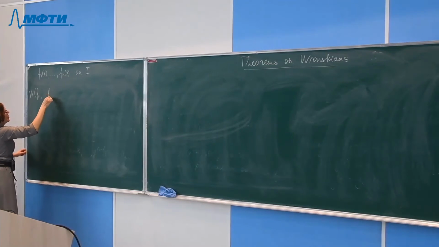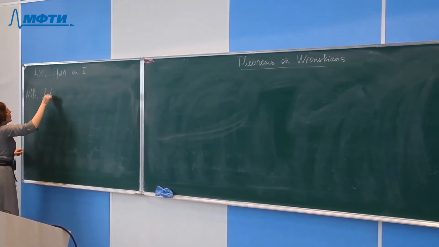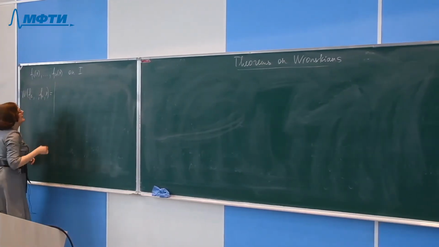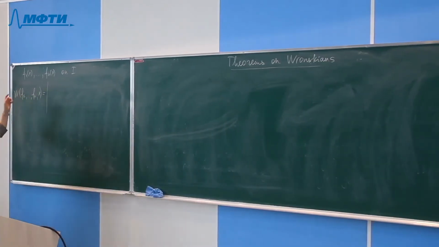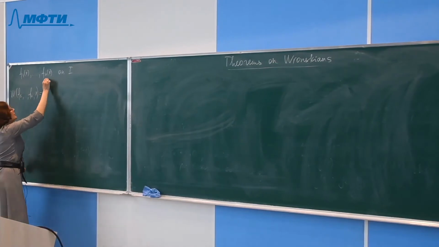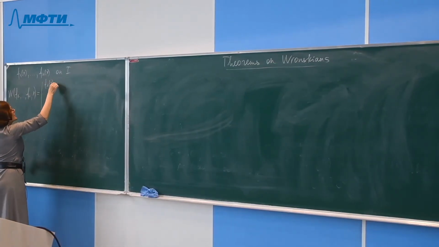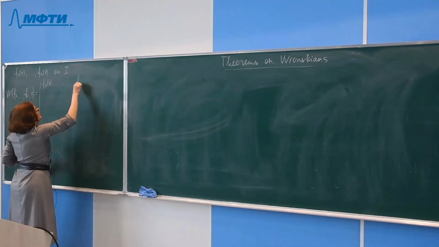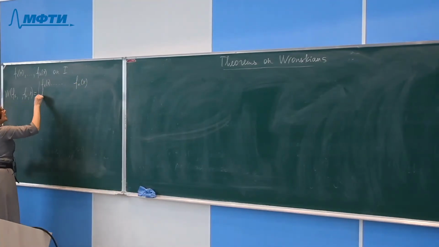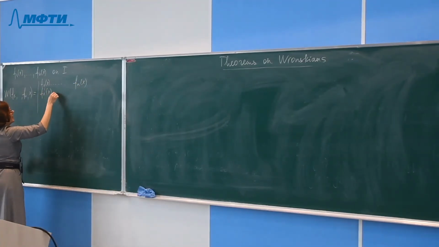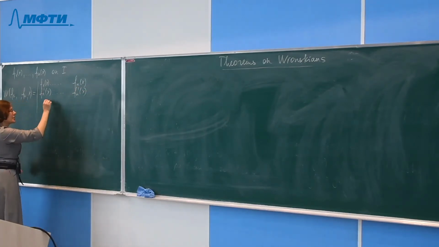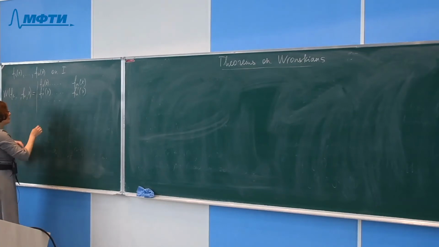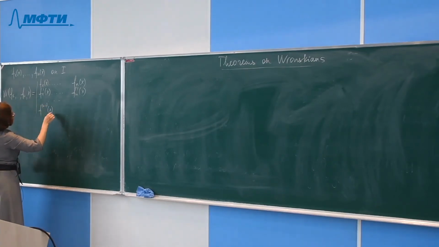It depends on the functions and on the variable x. This is the determinant formed by these functions and their derivatives. The second row is formed by the derivatives of these functions at the given point x, and the last row will be the derivative of order n minus 1.